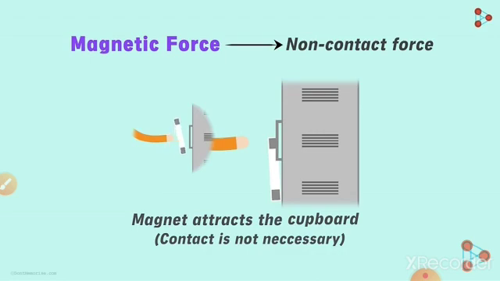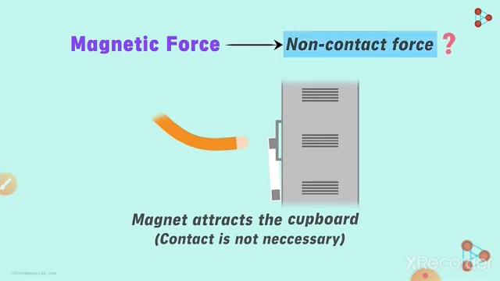The magnet has the property that it attracts magnetic substances like iron. All the magnetic substances and the magnet create the magnetic force between them. So magnetic force is a non-contact force.